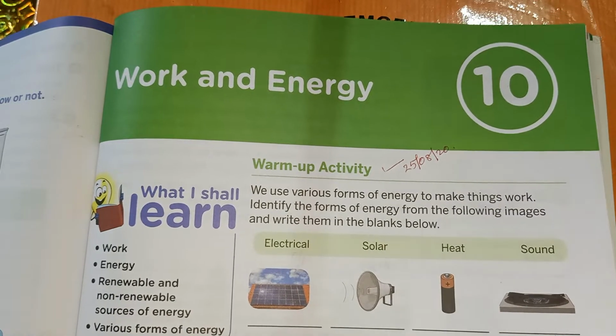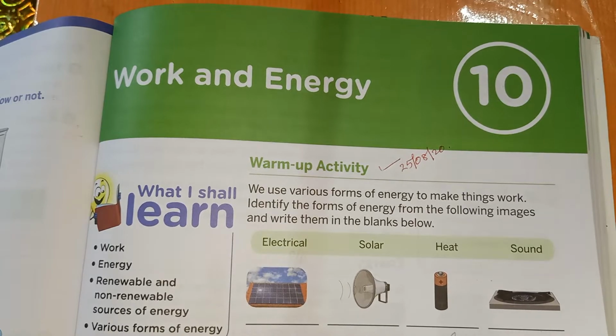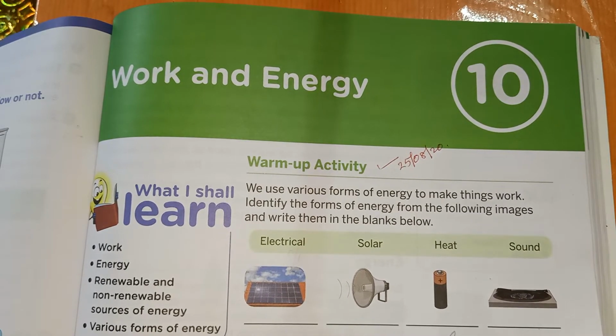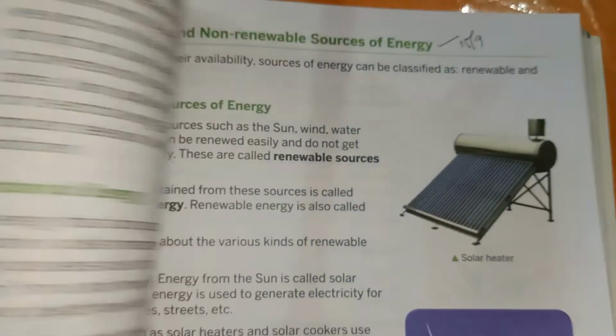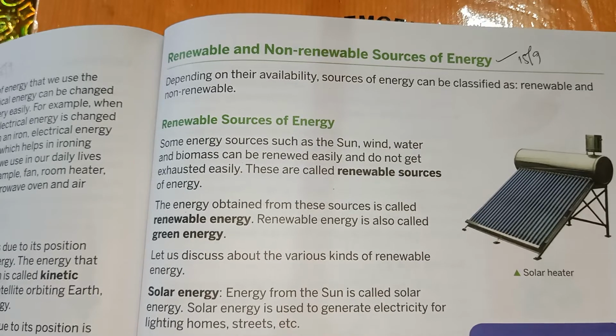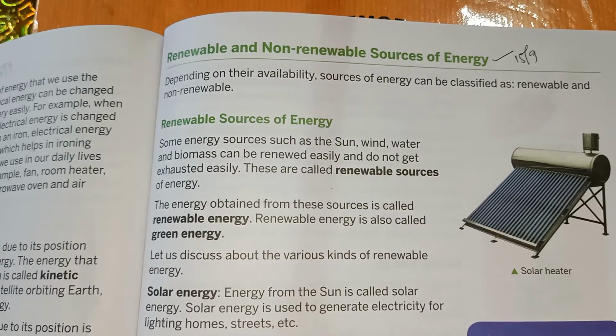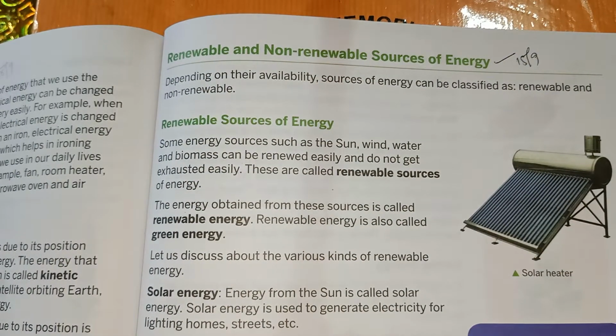We are studying about Work and Energy, Chapter 10, and we were discussing in detail about energy. In our previous class, we learned about two types of energy based on their sources: renewable and non-renewable sources of energy.